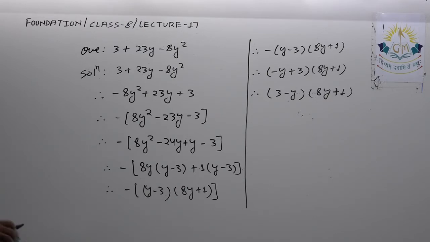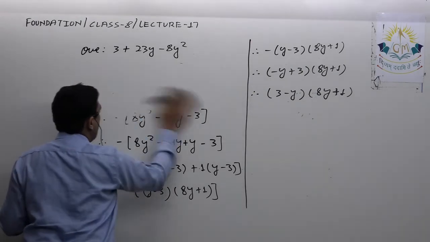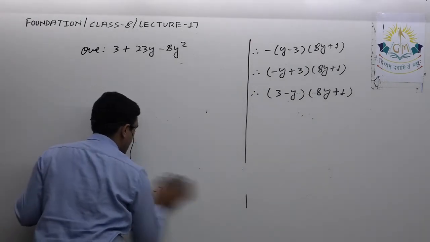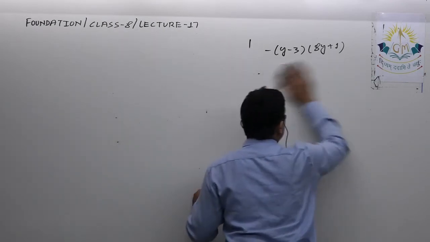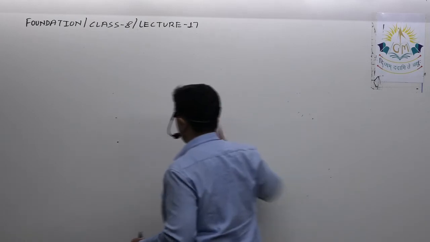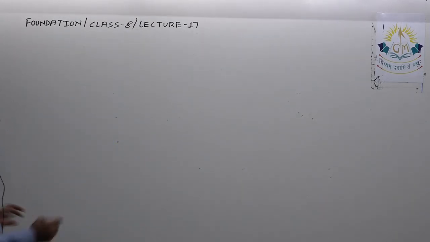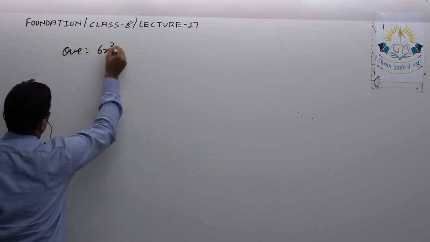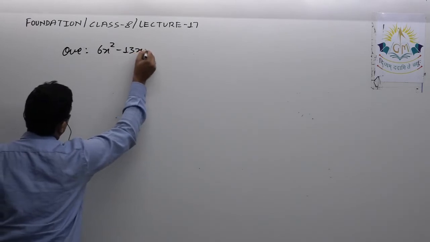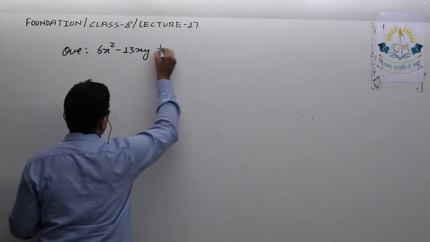Okay, now next we will see the question. The next question is 6x square minus 13xy plus 2y square.